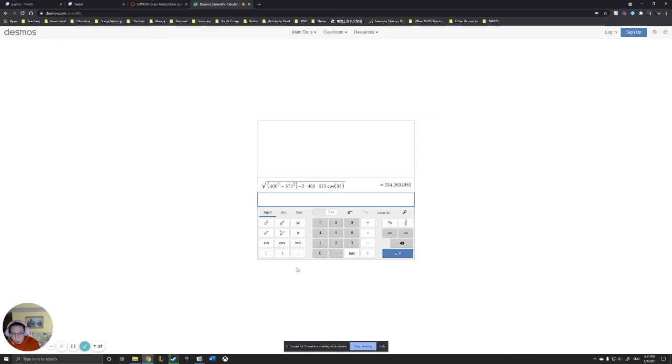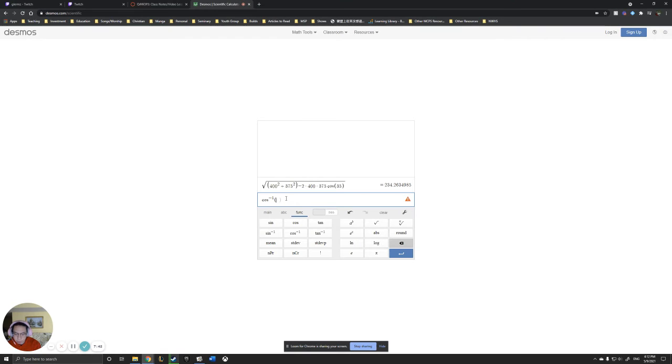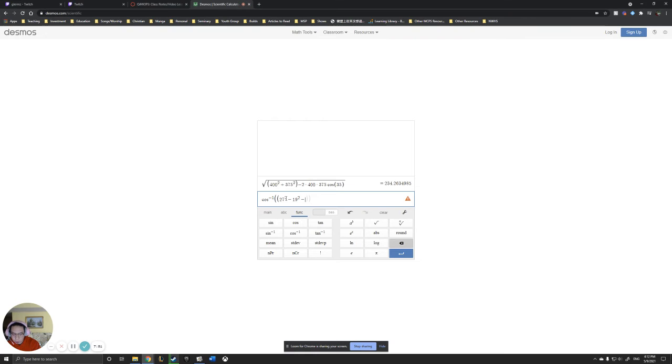So that's going to look like, hopefully I can do this. Does this count as the inverse, it might not actually. Let me just take the actual function here, inverse. I don't know how Desmos works sometimes. But what I do have is 27 quantity squared minus 19 squared minus 23 squared, and close my parentheses, divided by negative 2 times 19 times 23.